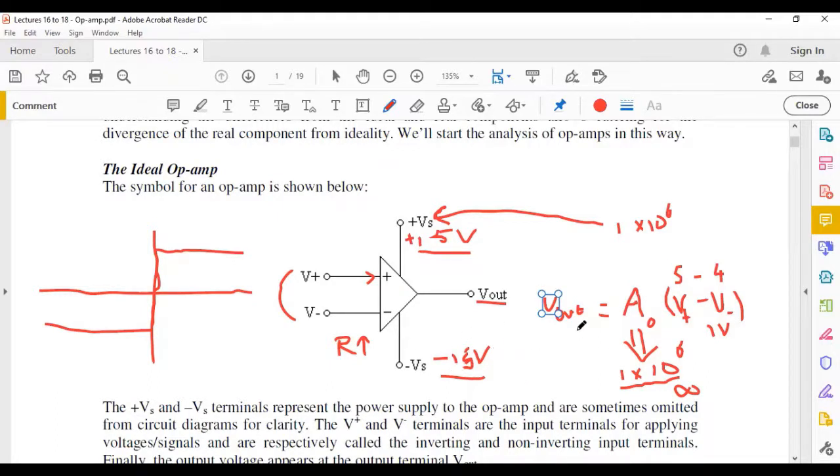This is how you can find the polarity of your output. The only case where your output would not be your supply voltage would be when this difference here is almost 0. If you get a very small difference here, then your output may become 0.